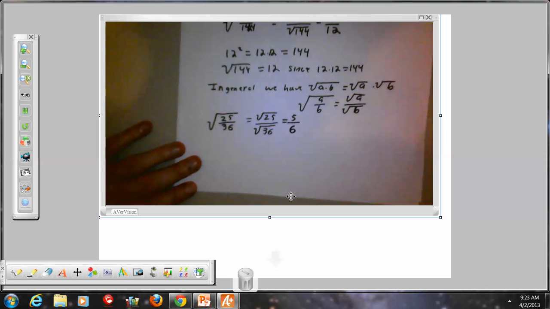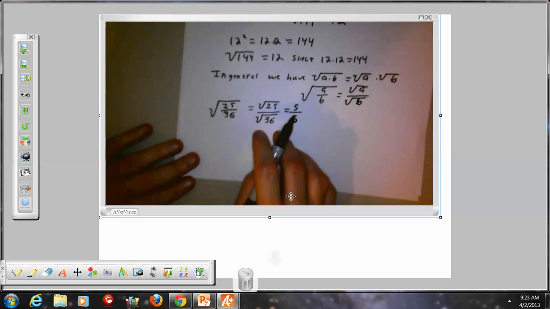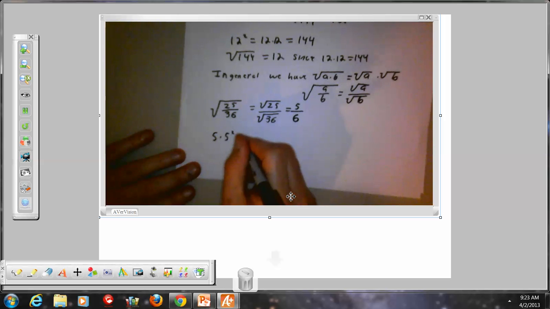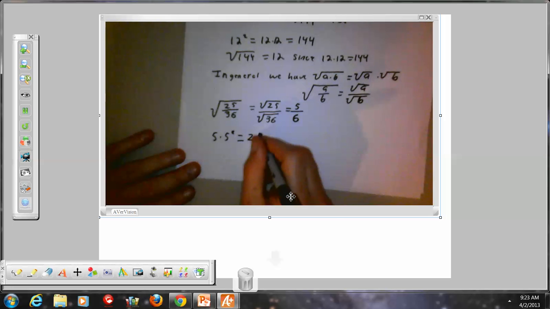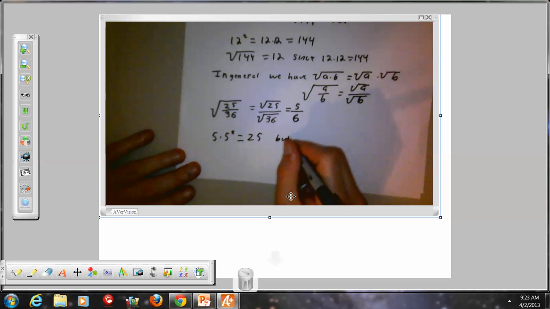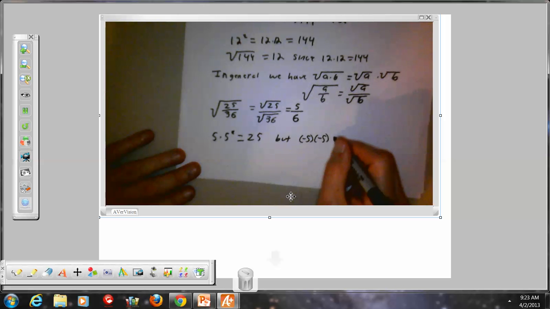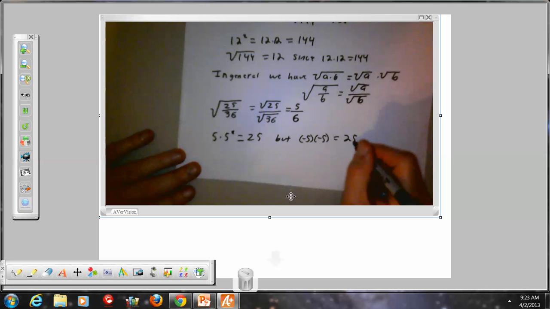Now, there's two possibilities for the square root. And the way the square root function is defined, we always take the positive root. But you also notice that 5 times 5 is equal to 25, but negative 5 times negative 5 is also equal to 25.